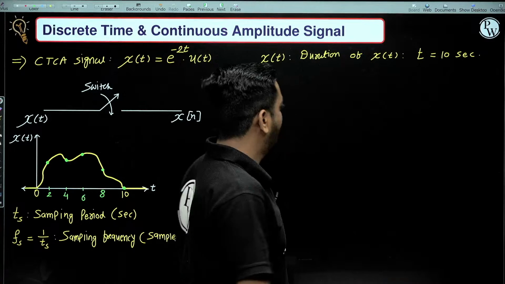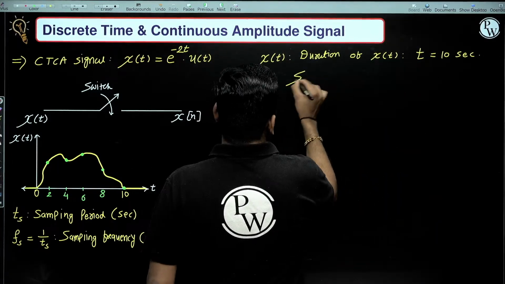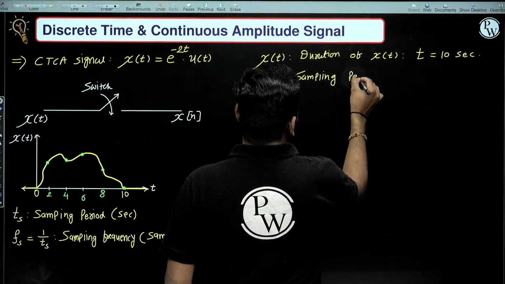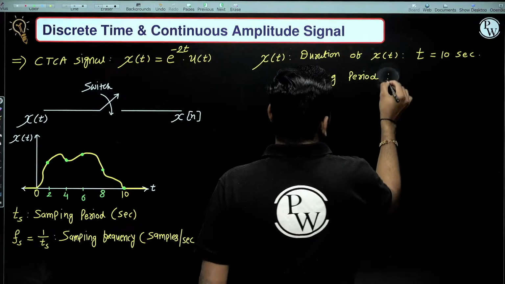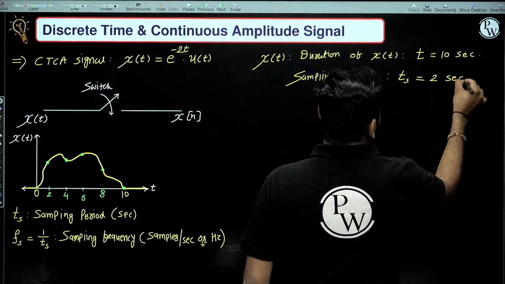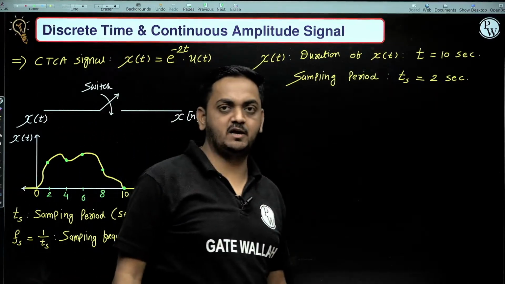And here you are taking the sampling period Ts equal to 2 seconds, that is the period between two samples.